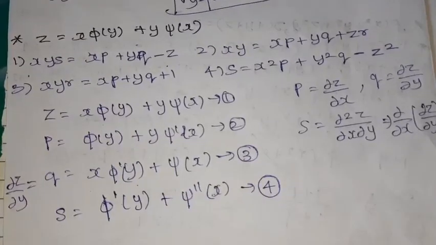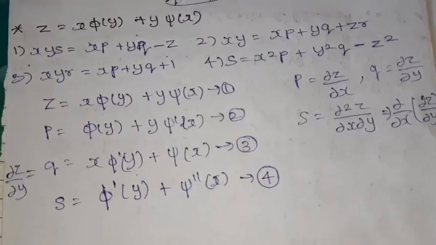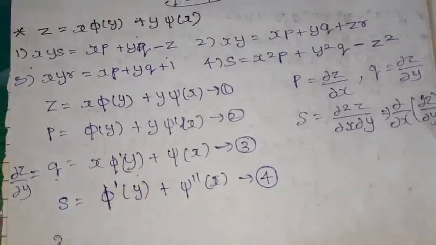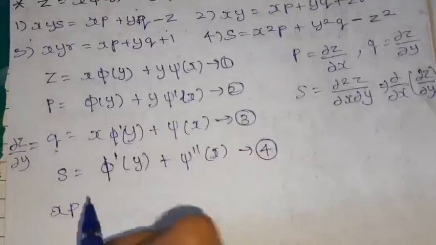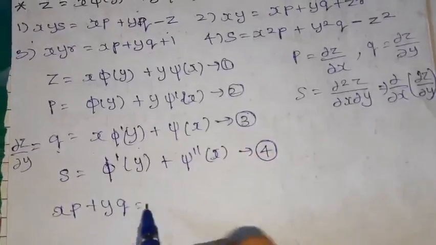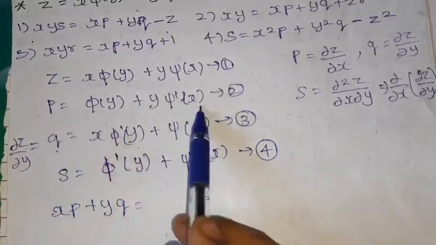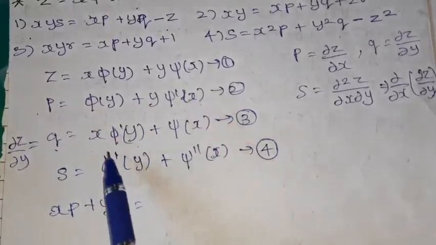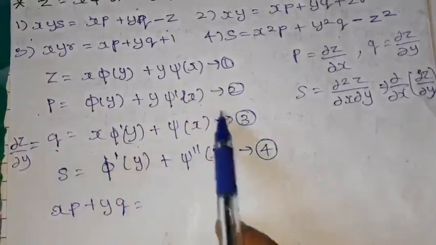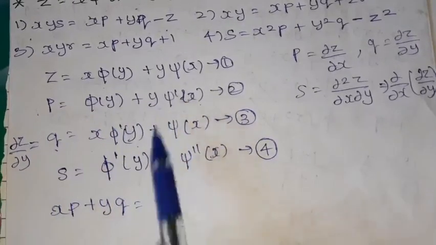Then what we need to do? We can do one multiplication, xp plus yq. Multiply equation 2 by x, and multiply equation 3 by y, and then add 2 and 3.